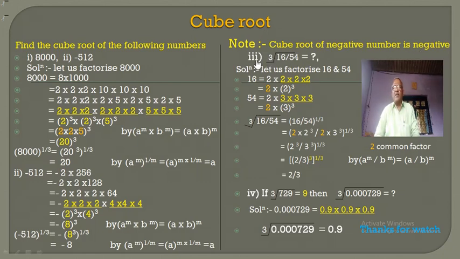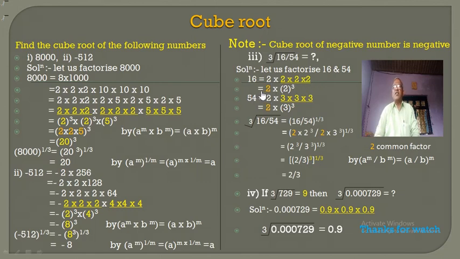Next example, find cube root of 16 upon 54. First, factorize 16 and 54 as follows. 16 factors are 2 into 2 into 2 into 2, means 2 to the 4th.